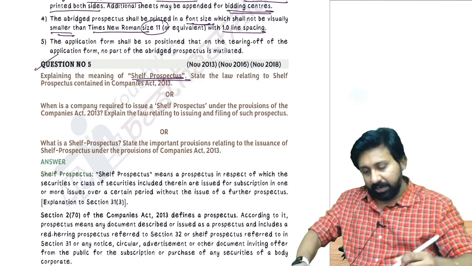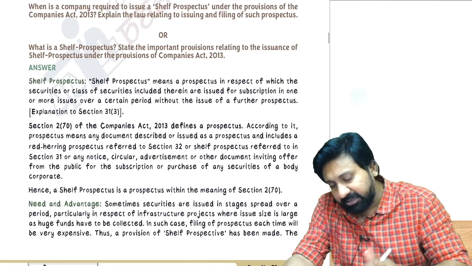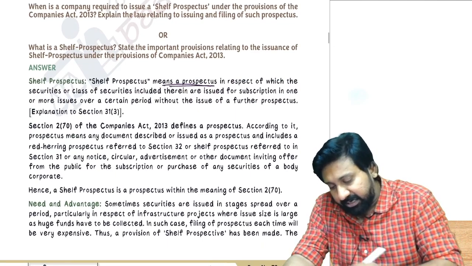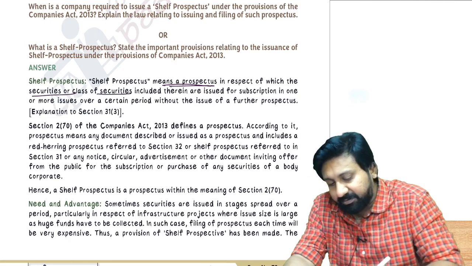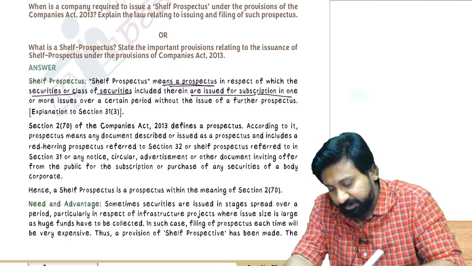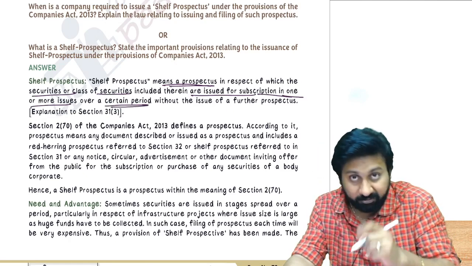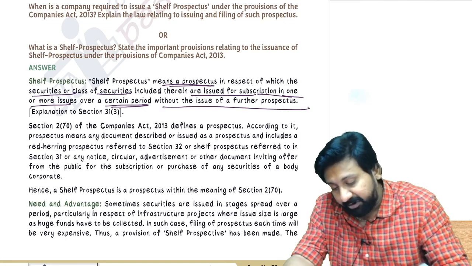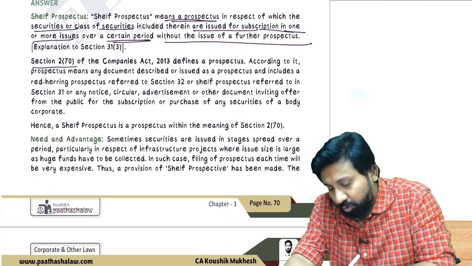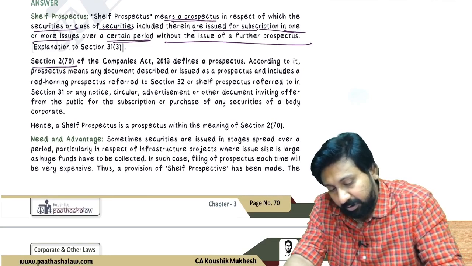Shelf prospectus means a prospectus in respect of which securities or a class of securities included therein are issued for subscription in one or more issues over a certain period, 12 months, without issue of any further prospectus. Section 2 clause 70 defines it as follows.